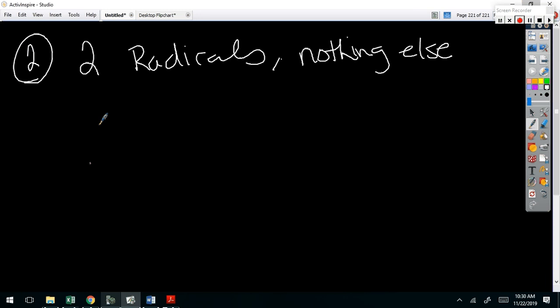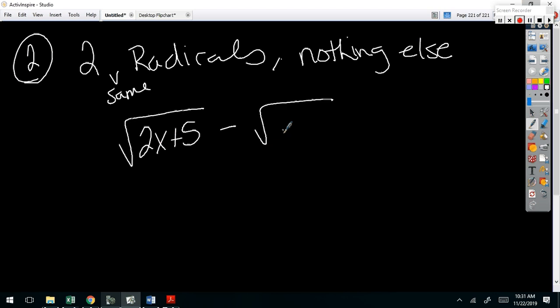I should say 2 of the same radicals, same root radicals, like square roots or cube roots. If this was a square root and a cube root, this method wouldn't necessarily work. So let's say I have the square root of 2x plus 5 minus the square root of 3x minus 8 equals 0. I have 2 radicals and nothing else. Do you agree?